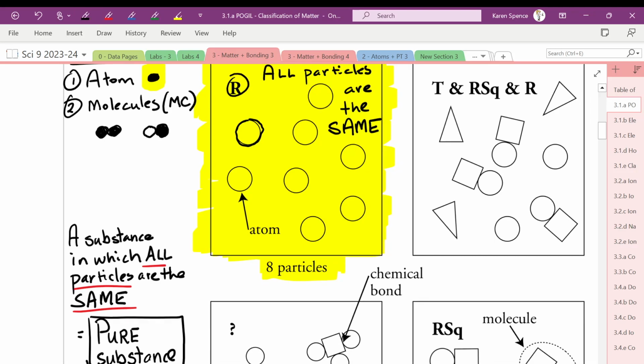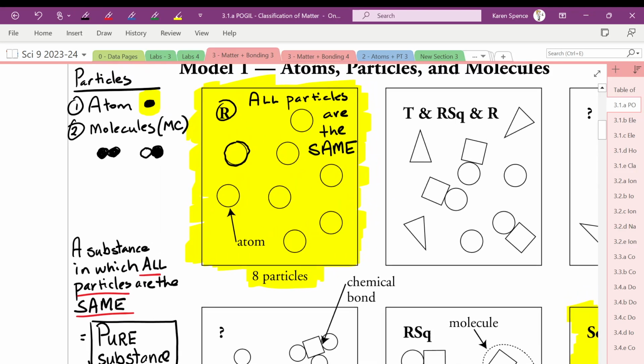So because sample R at the top left, all the particles are the same, we can say that it is a pure substance. Can you find another pure substance?